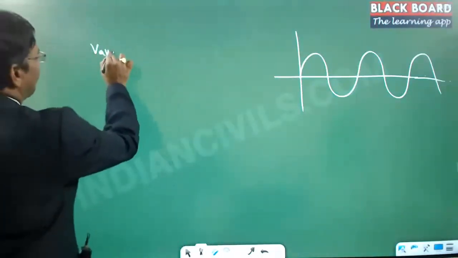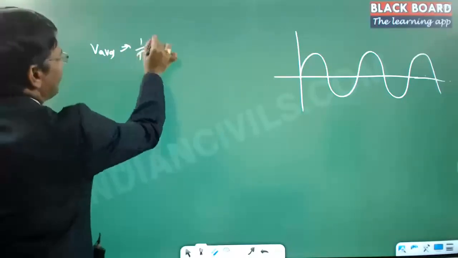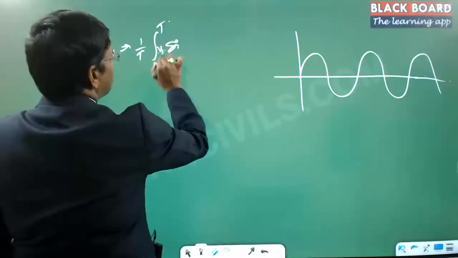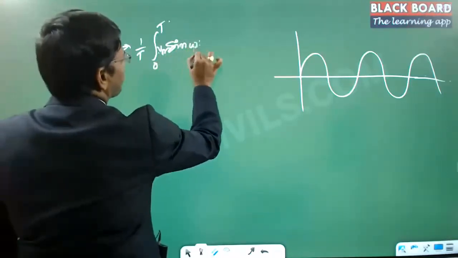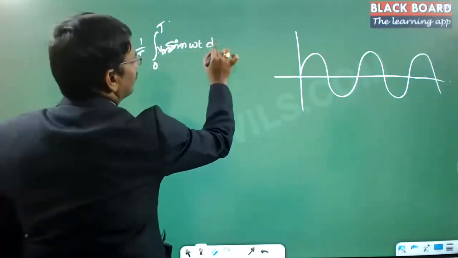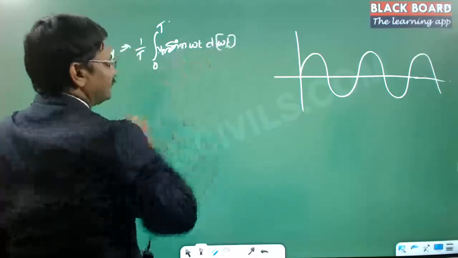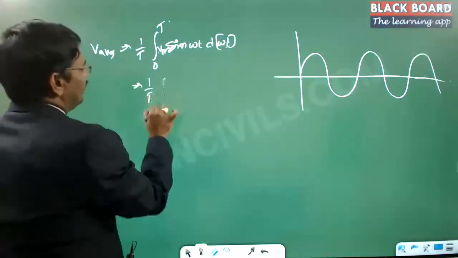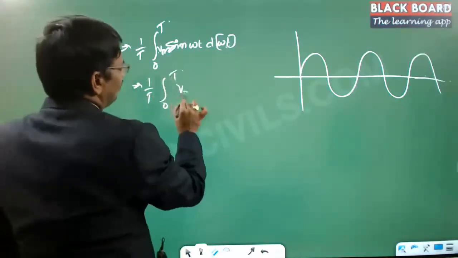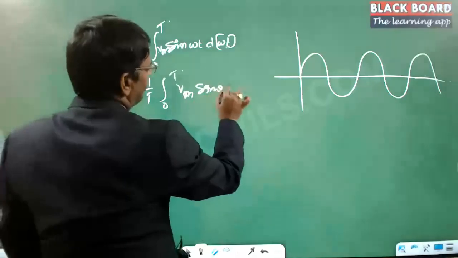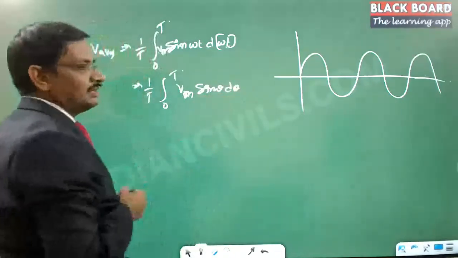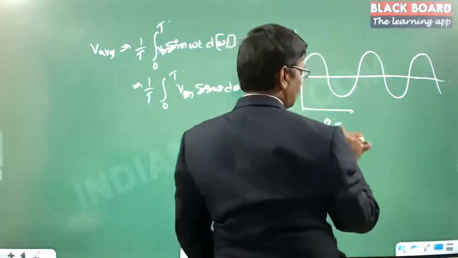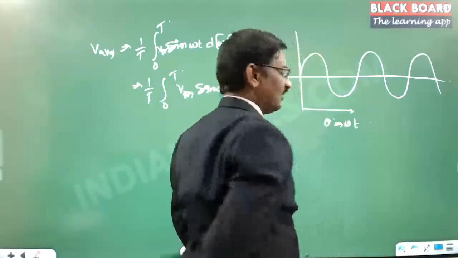V average is equal to 1 by T integral 0 to T Vm sin omega t, d of omega t. This is the way we calculate it. So this is 1 by T integral 0 to T Vm sin theta d theta, where theta is equal to omega t, which is what we call the angular velocity.